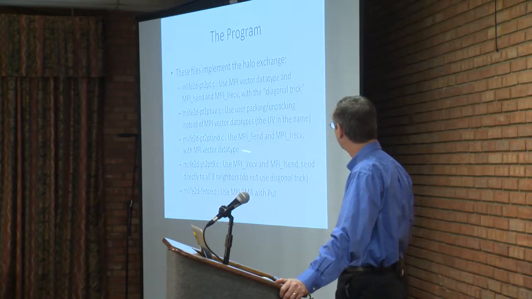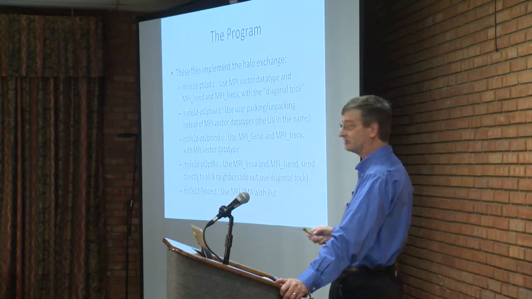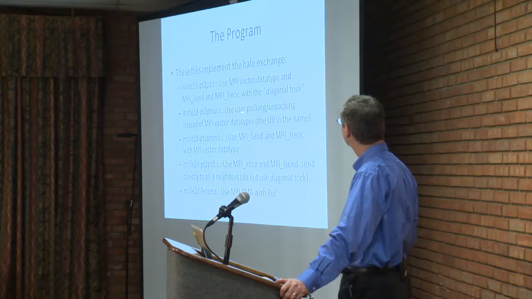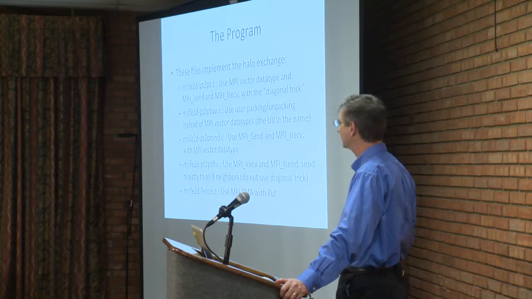There's one that uses send and I receive instead of I send and I receive. There's one that uses user packing and unpacking instead of vector data types. Rajiv will be talking about data types, but in that, if I go back to this, right?